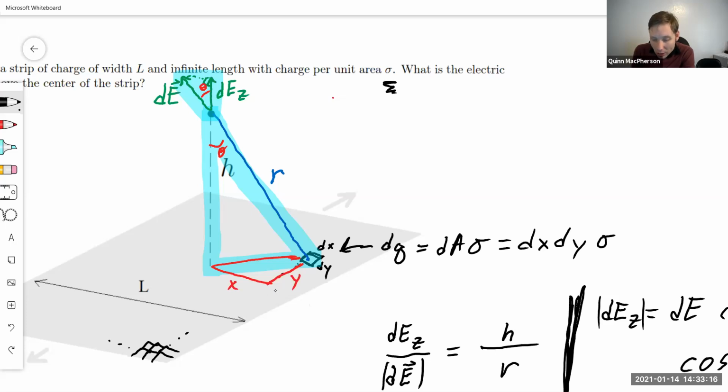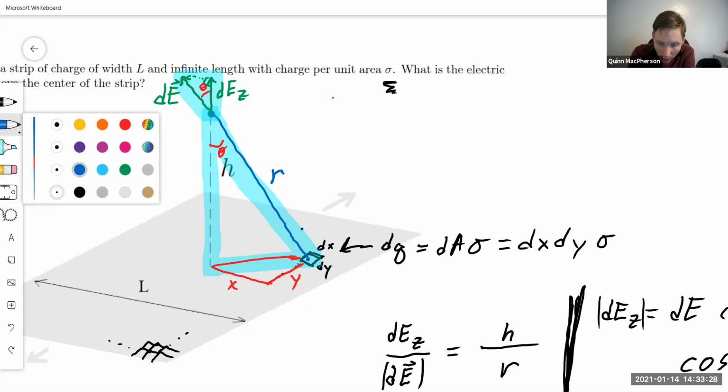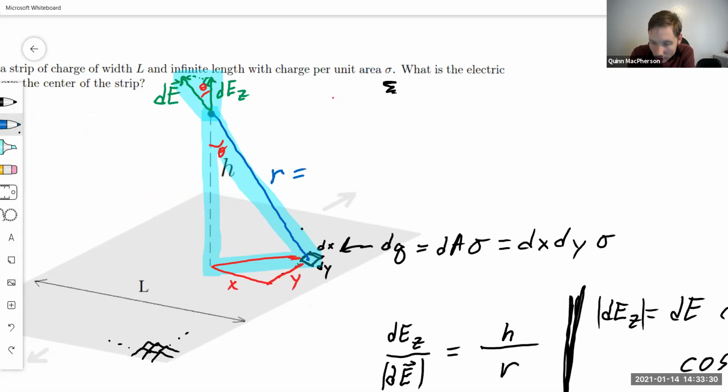You can say x squared plus y squared is equal to this hypotenuse here squared, and then that squared plus h squared is equal to r squared. Either way, you get r is equal to the square root of x squared plus y squared plus h squared.